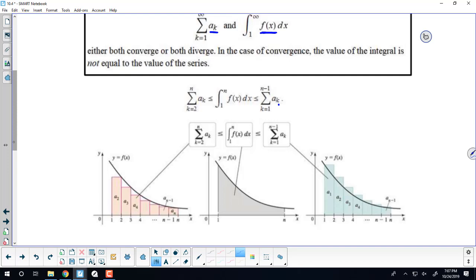So what we end up with is bounding this integral in between these two series, an under and over kind of thing. And from there, the proof continues on, but that's the idea. Specifically, this is less than or equal to, so sometimes the integral does equal the series value, but there's really no way for us to know that. So all we're going to attach is convergence or divergence to this test.